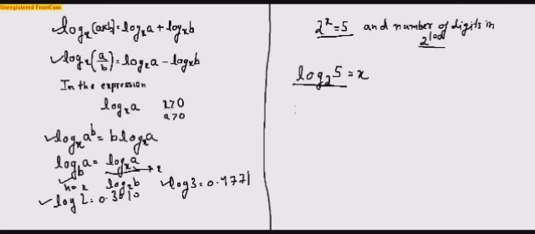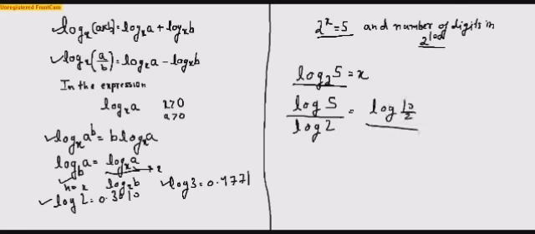Now log of base of 2 5 can be expressed as log 5 by log 2 with the base of my choice. The base of my choice is 10 in this case, that's why I am not writing it. Now log of 5 can be expressed as log of 10 by 2 divided by log of 2.